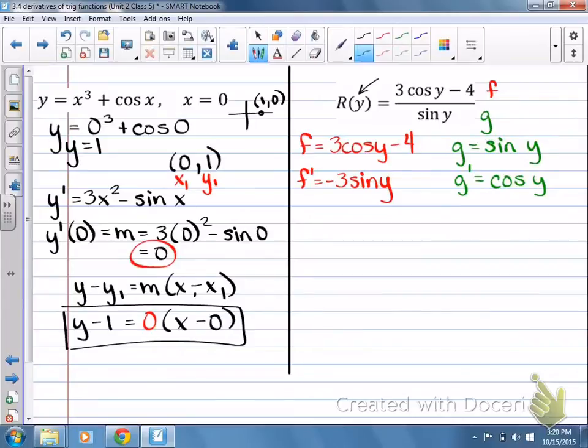Now I'm going to use my quotient rule. So r prime of y is going to be g squared on the bottom, and on the top g f prime minus g prime f.